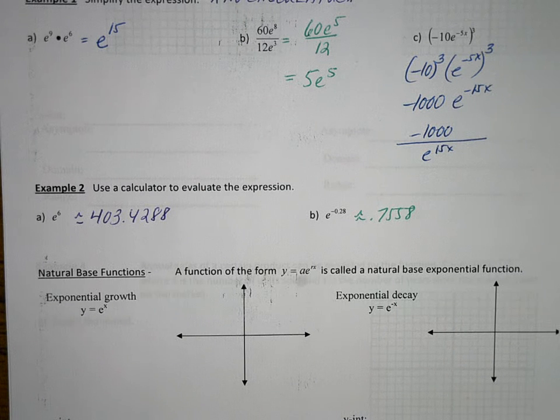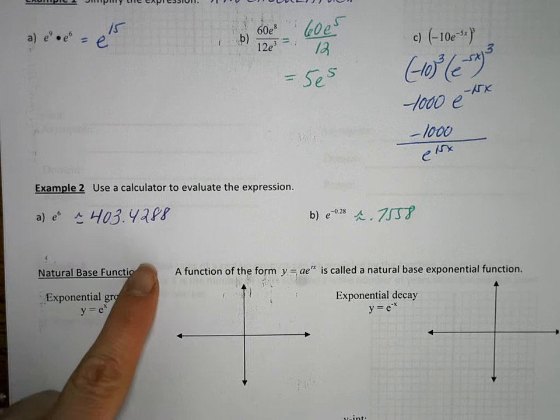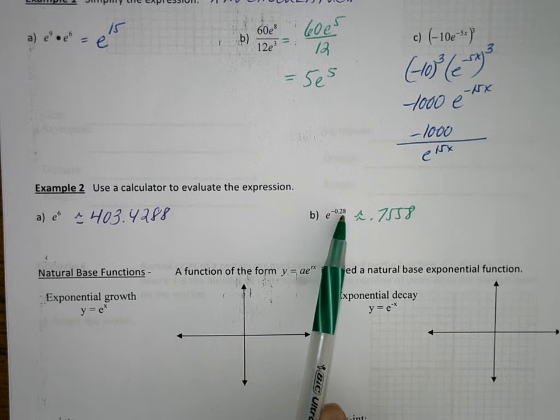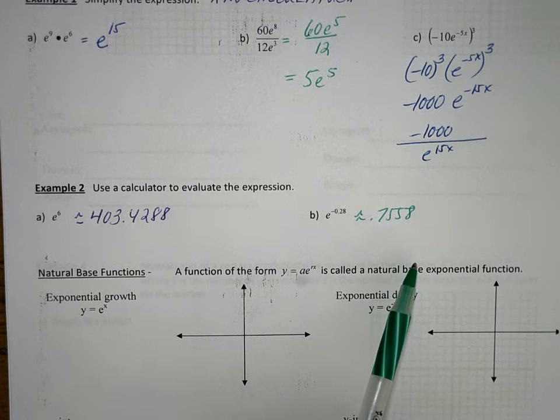I want you to understand something very important here. If I take e to a positive number, what type of number do I get? Pretty big one, right? 400 and something. If I took e to this negative number, what kind of value did I get? Small, a decimal, right?